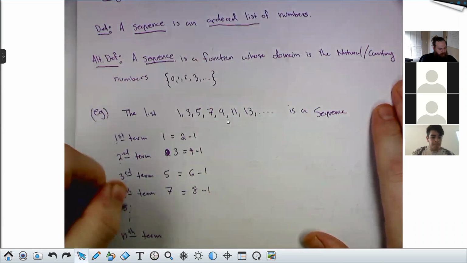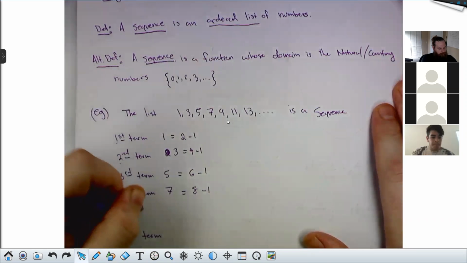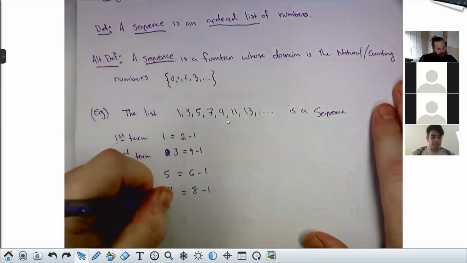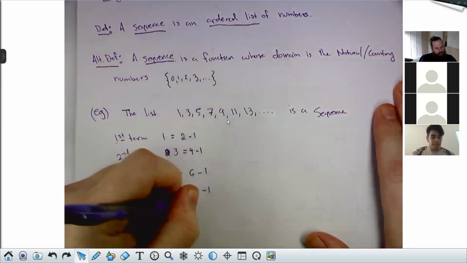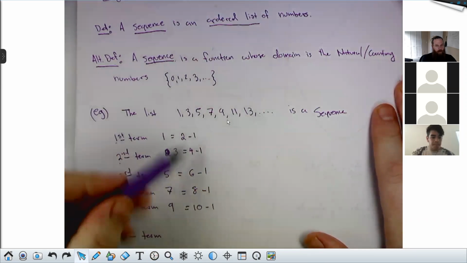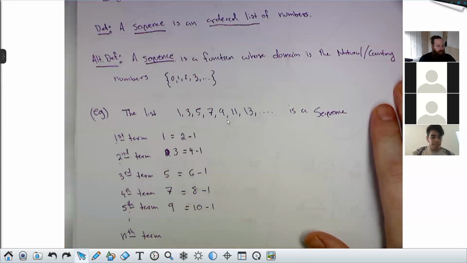If we look at one more, the fifth term, which is 9, is 10 minus 1. These are all 1 less than an even number. And the even number you get here by doubling the number term you are.